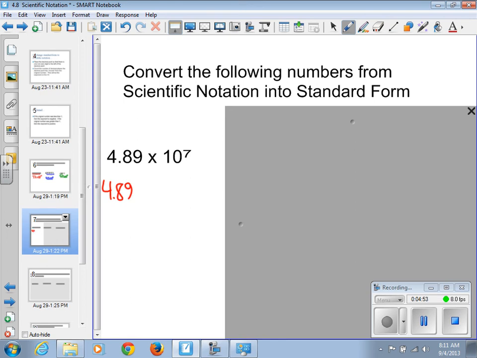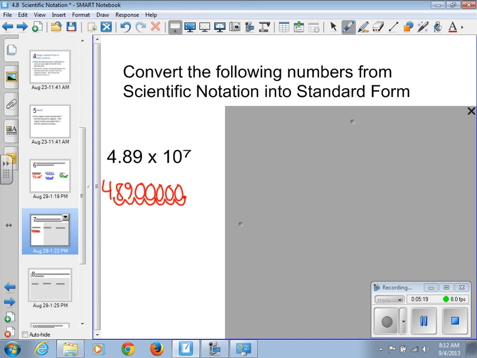We are going to move our decimal point 7 places out. Watch as I go beyond the 9 what I do. 1, 2, 3, 4, 5, 6, 7. I leave those buckets there to remind me that I need to place zeros in the open spaces.